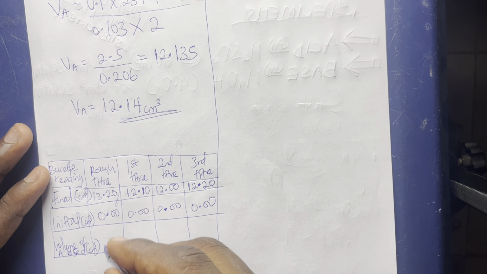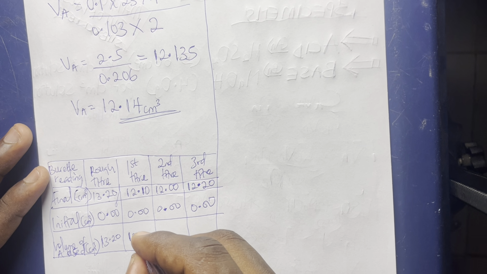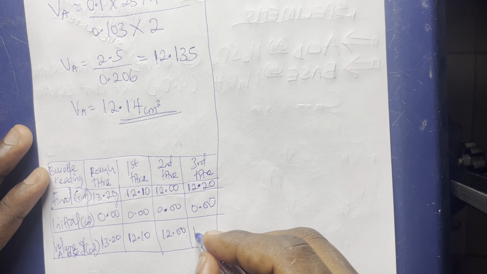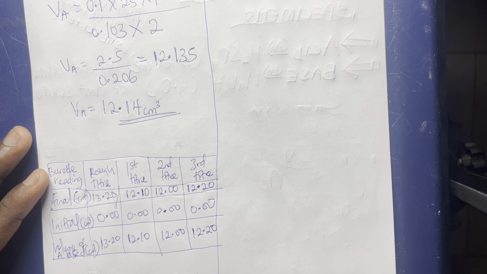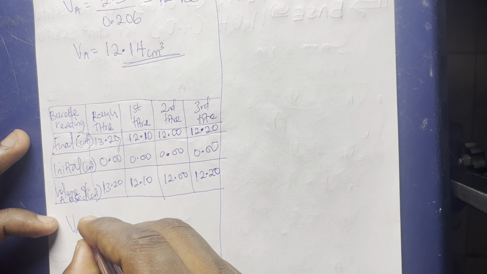So by the time we do the subtraction, we still have 13.20 and 12.10, 12.00, and then 12.20.